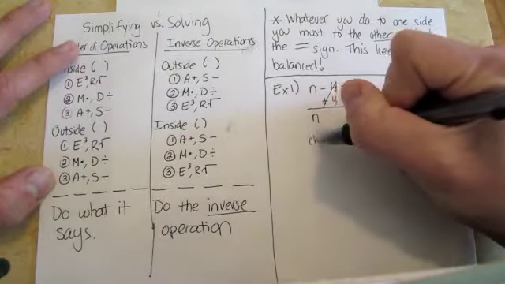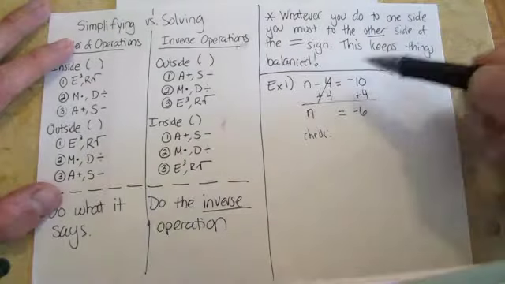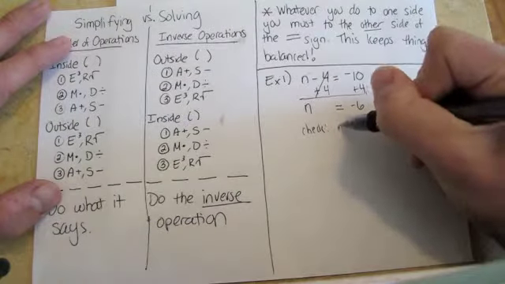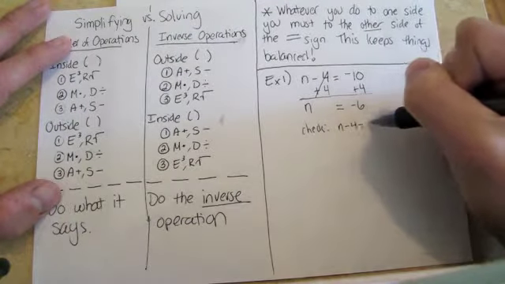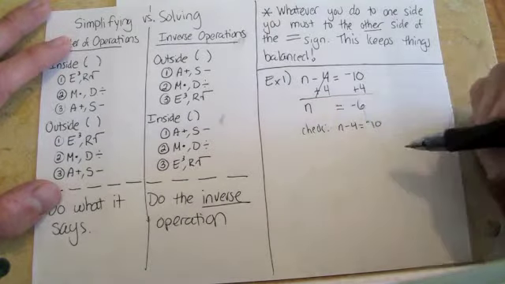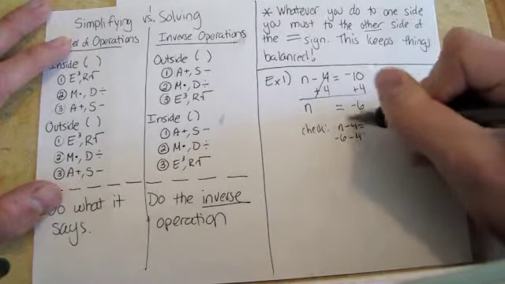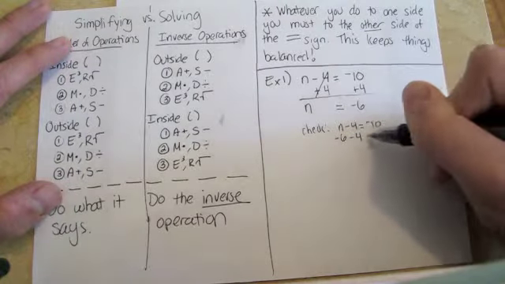And so it's always really important that we do a check. The way you do a check is you go back to your original equation, n minus 4 equals negative 10, and you replace the n with your answer, negative 6. We're basically evaluating this expression when n equals negative 6.